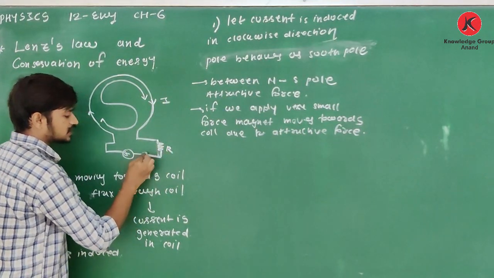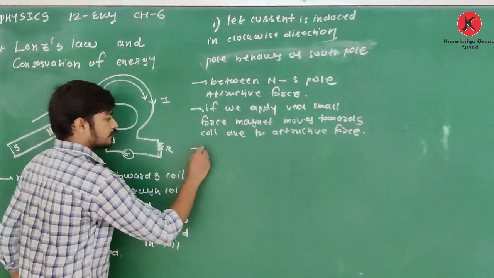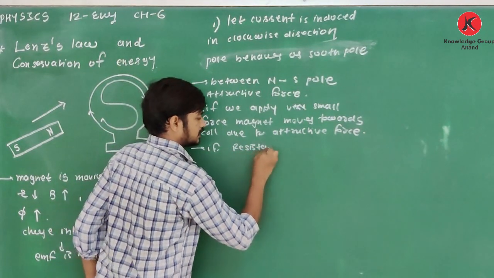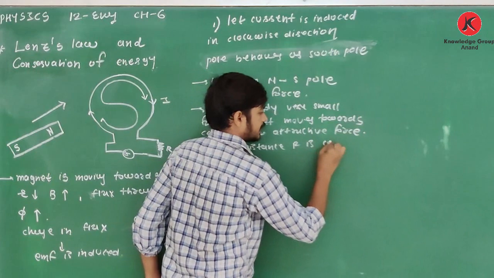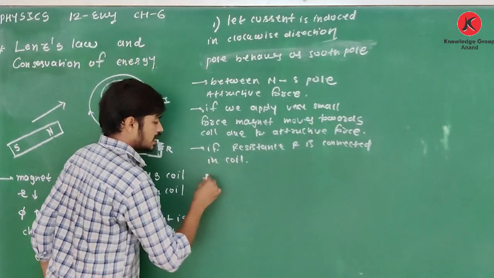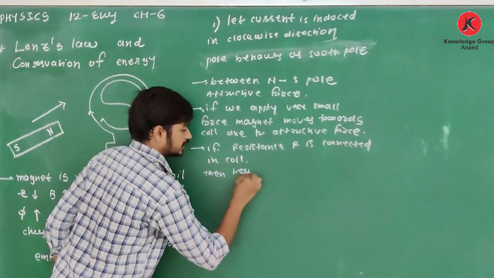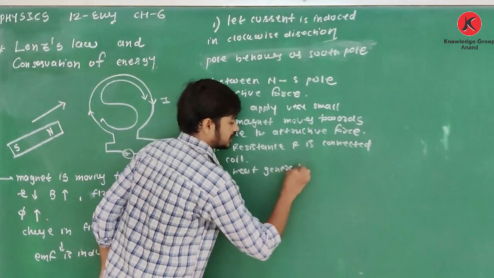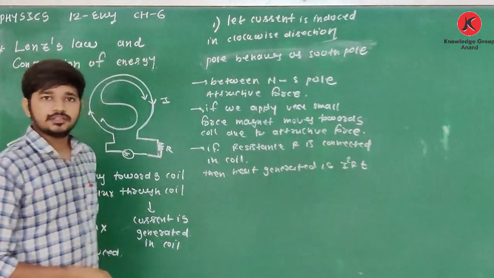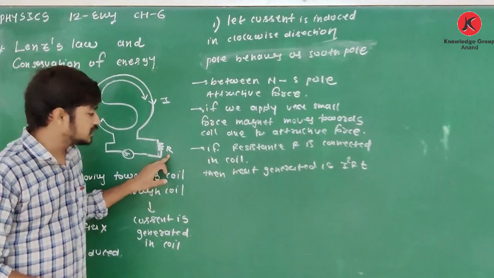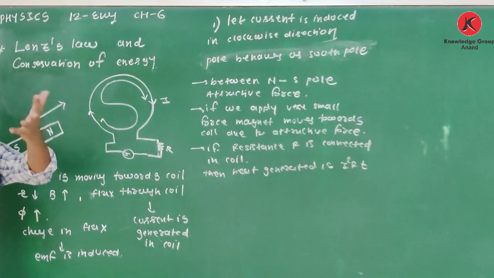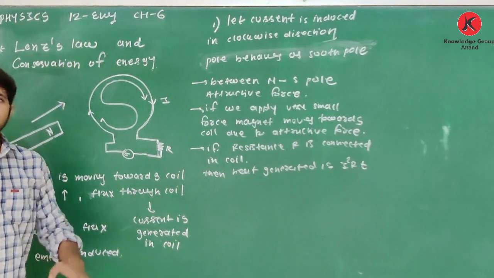That current is passing through this resistance. If resistance R is connected in the coil, then the heat energy generated is I square R T. We will have some heat energy in this coil. But what is the work done on the magnet?